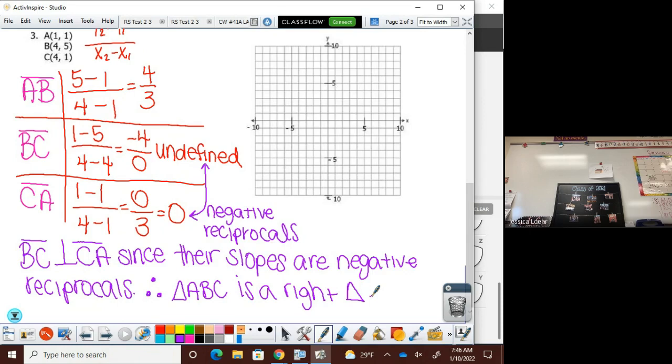Okay. You can flip to the next one, and you can set up your table for the next one with your sides, DE, EF, and FD.